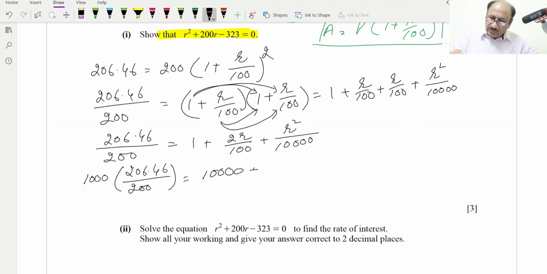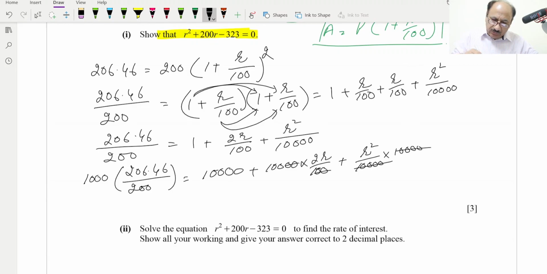So 10,000 plus this will be 10,000 into 2r over 100, and plus this will be r squared over 10,000 into 10,000. So this will be cancelled with this.